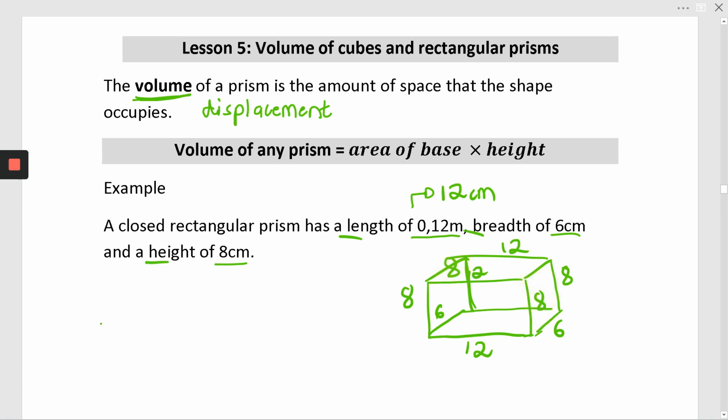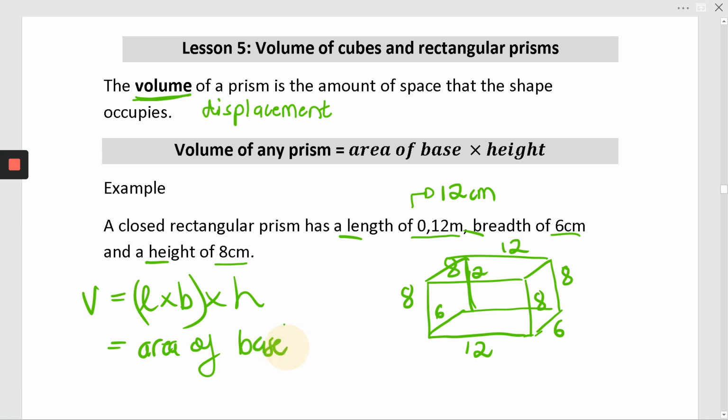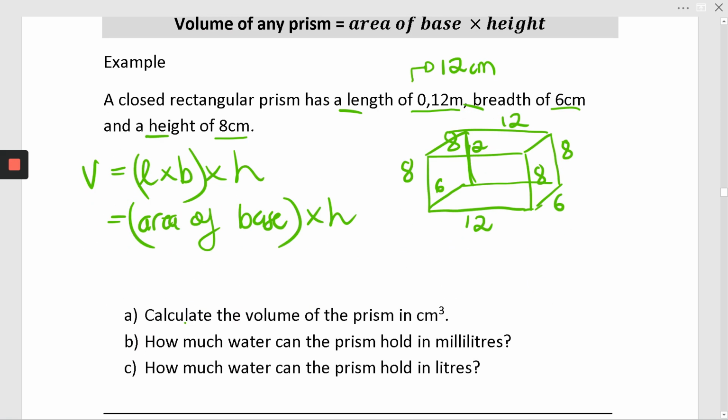Okay, volume, we probably remember this from primary school, is going to be, in this case, sure, length times breadth times height, but I want you to remember that length times breadth is actually the area of the base times height. Okay, let's answer these questions.